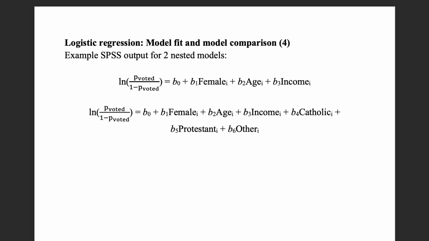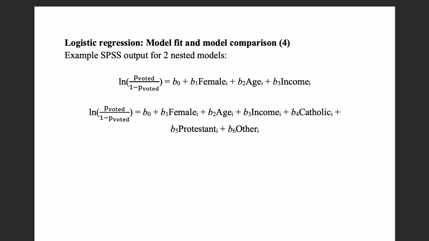Okay, so that's just the overall model fit, where it becomes really interesting is if we compare nested models. Let's assume that I want to compare these two models. I have a model where I'm explaining differences in voting with differences in gender, age, and income, and I want to compare that to a more complicated model where I'm including on top of that a dummy variable for being Catholic, a dummy variable for being Protestant, and a dummy variable for other religious denomination, using the non-religious people as the reference category.